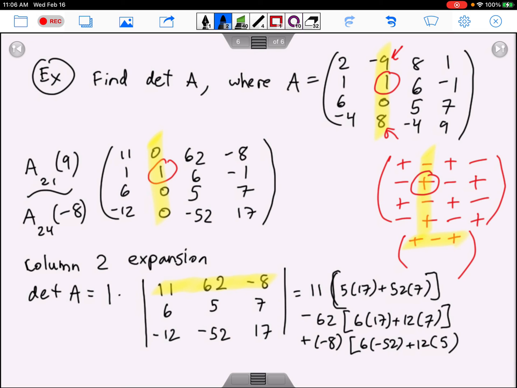If you crunch all those numbers, you do actually end up with the number negative 4577.